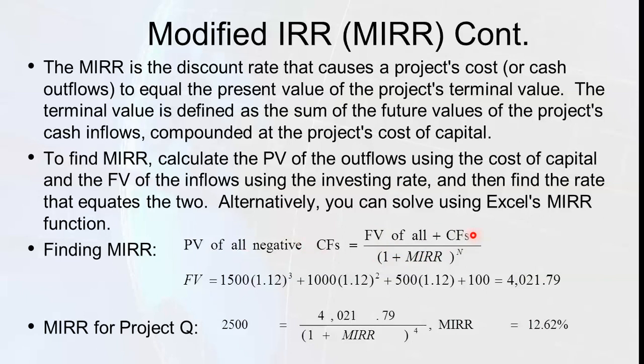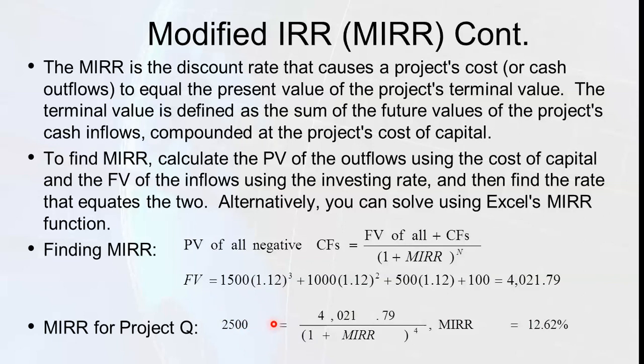Okay, so the first thing you need to do is find the future value of positive cash flows. In this example, all cash flows are positive, so let's find the future value of all these positive cash flows. And the negative cash flow in this case, for this project Q, is 2500.